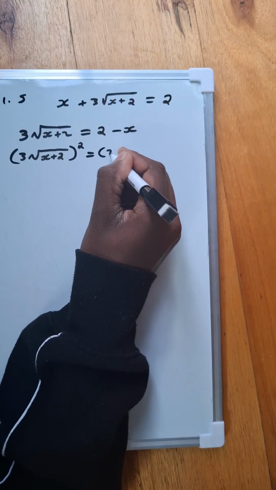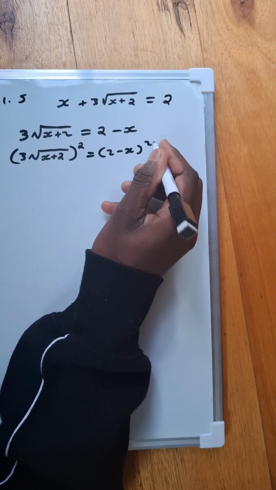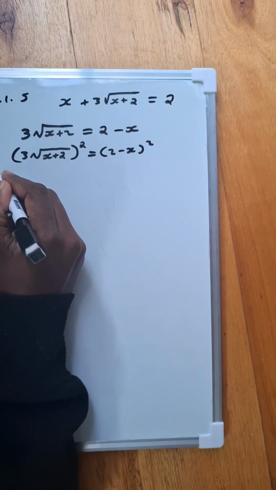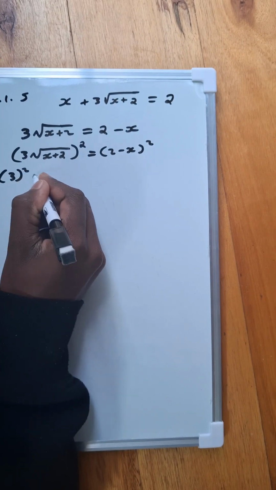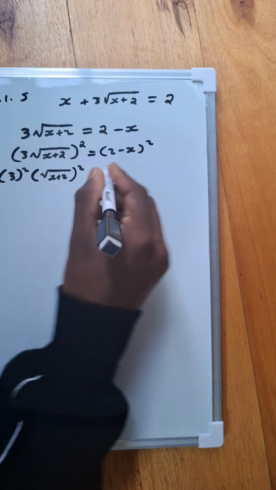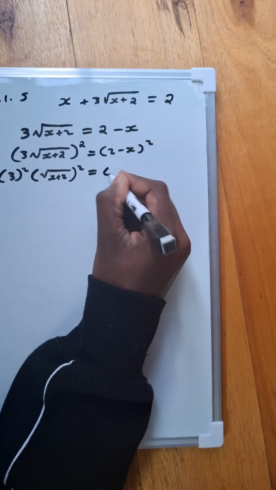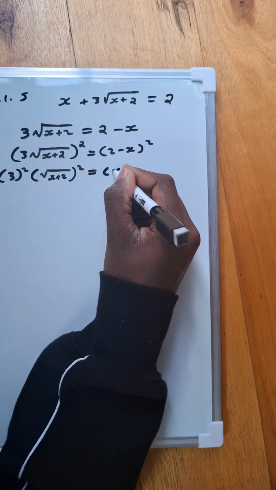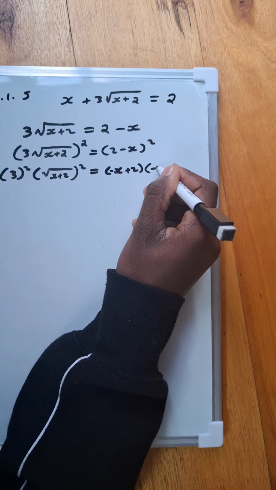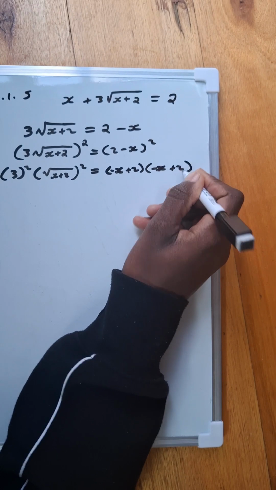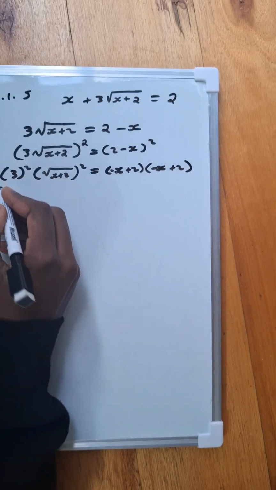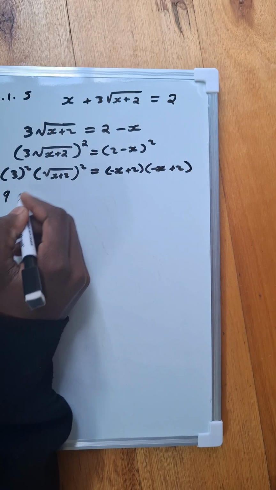So I square both sides, even that side I square. So this is the same as (minus x plus 2) all squared. So you just go with identical brackets. So 3 squared is 9.